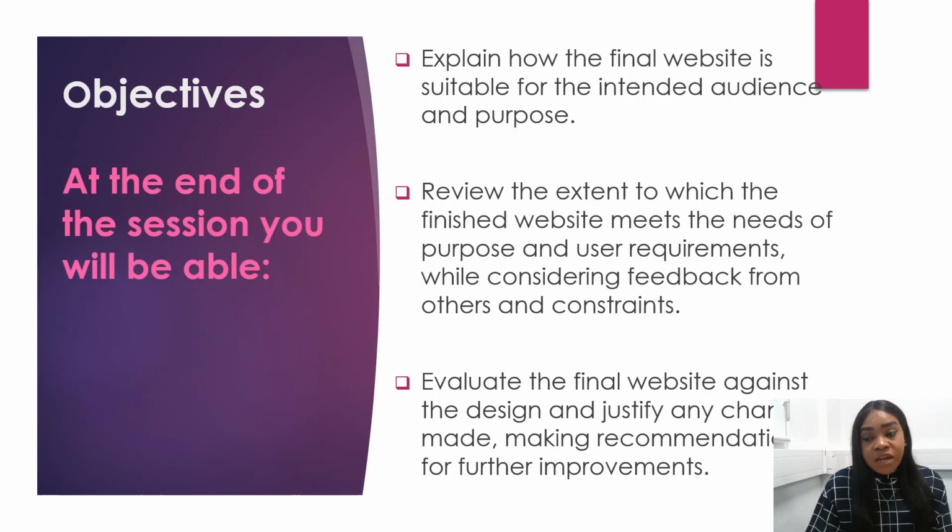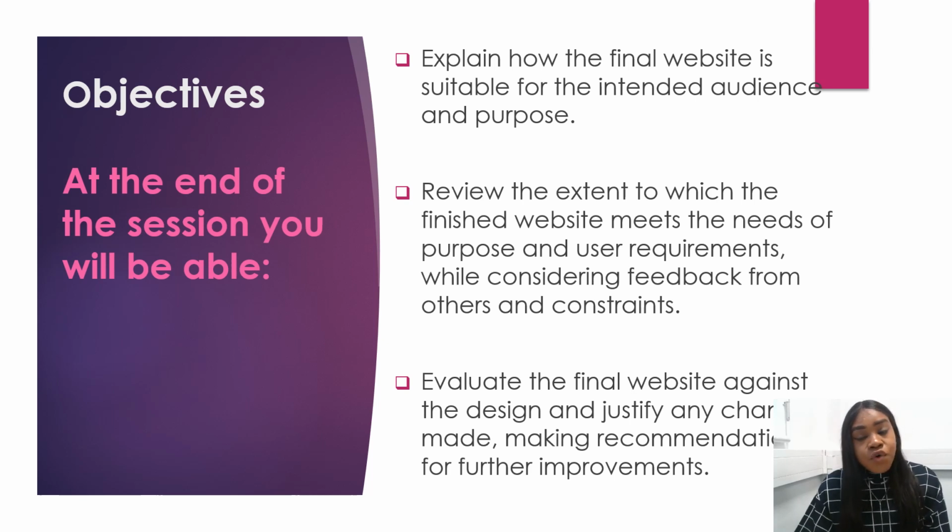The three main objectives you will be covering for this assignment are: one, you have to explain how the final website is suitable for the intended audience and purpose. After which, you're going to review the extent to which the finished website meets the needs of purpose and user requirements while considering feedback from others and constraints.